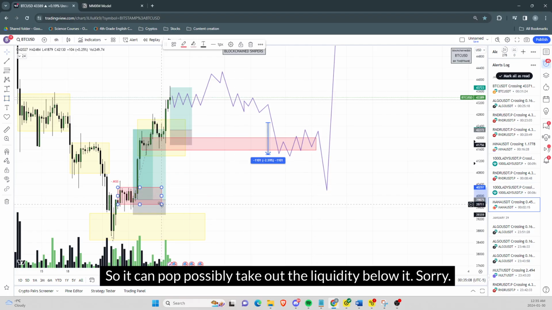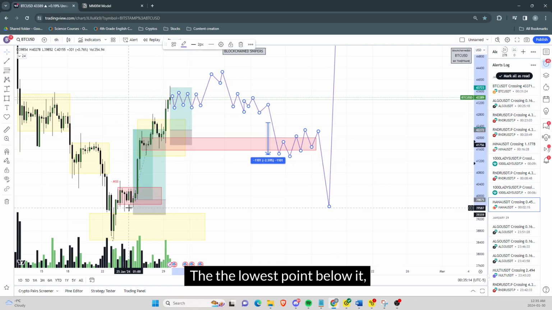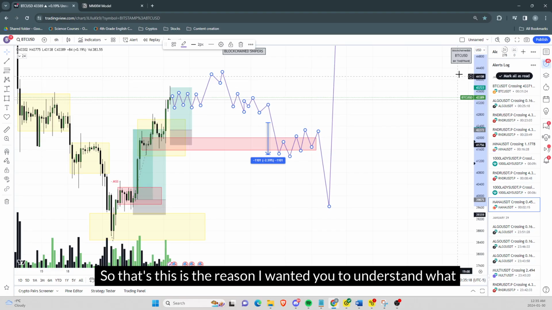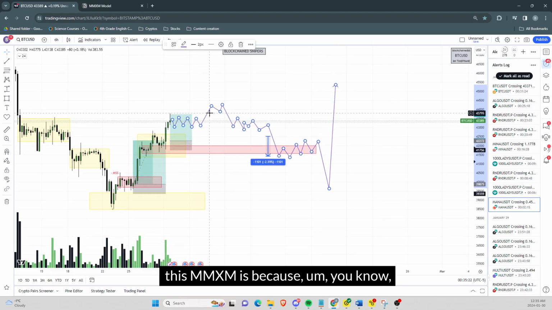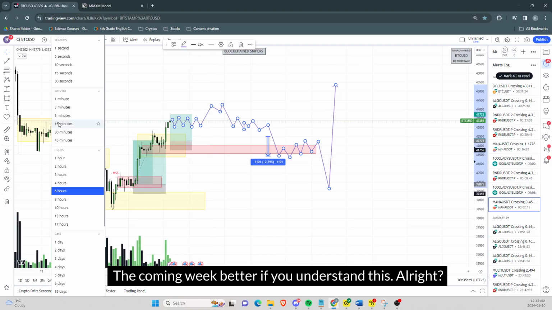So you can possibly take out the liquidity below it. Sorry, the lowest point below it, and then it starts going up. All right, so this is the reason I wanted you to understand what this MMXM is, because it helps you trade the next week, the coming week, better if you understand this.